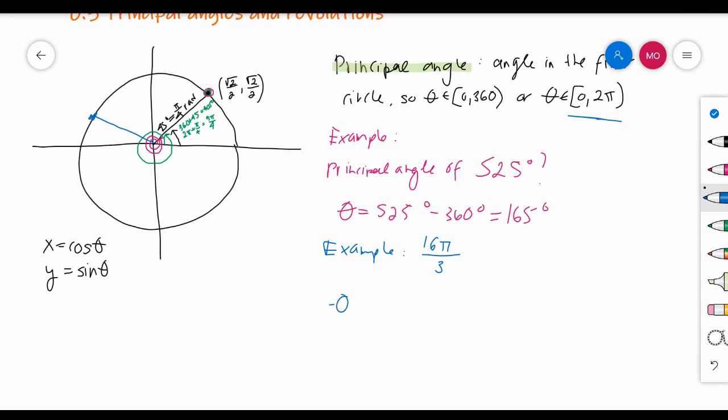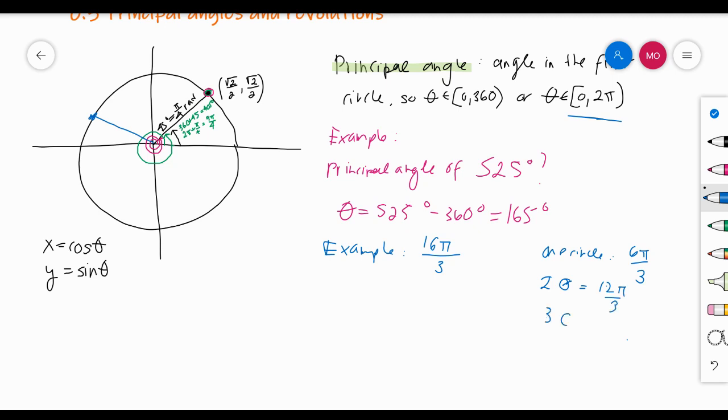So the angle is going to be, I'm not going to write the angle yet. I don't know how many circles we have in there. So we just said one circle is 6 pi over 3, right? So 2 circles would be 12 pi over 3.